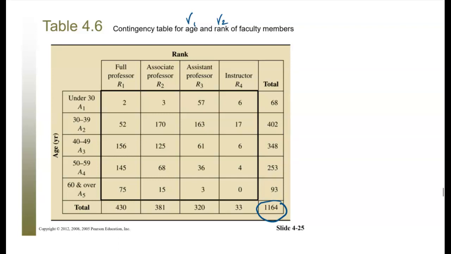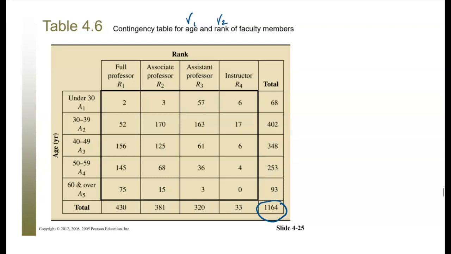But we're also looking at the faculty members' age. 68 are under 30, 402 are between 30 and 39, 348 are in their 40s, 253 in their 50s, and 93 are 60 and over. But each faculty member has a rank and an age.